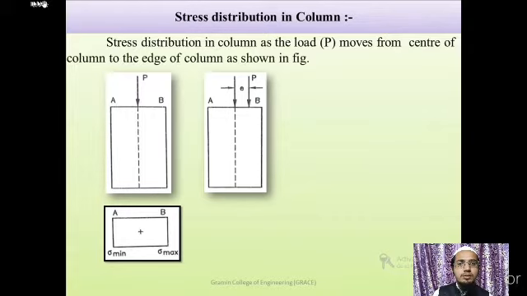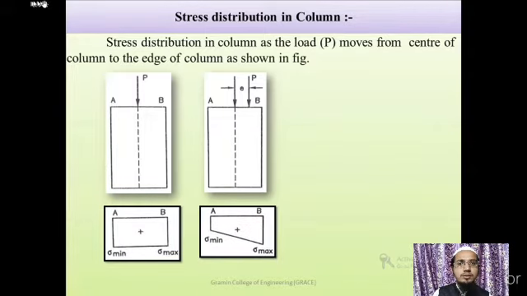At the base, the stress distribution diagram will move from rectangular to a trapezoidal shape. The edge of the column near the point of application of loading will show the maximum stress, sigma maximum, and the opposite edge will show the minimum stress.